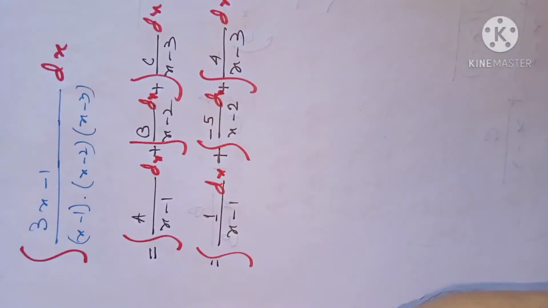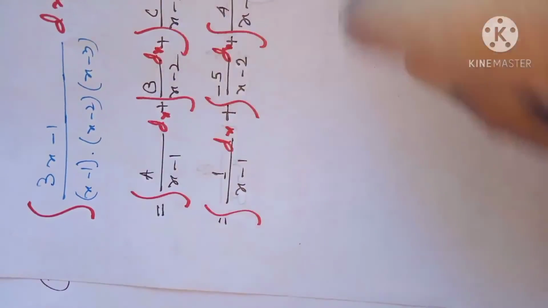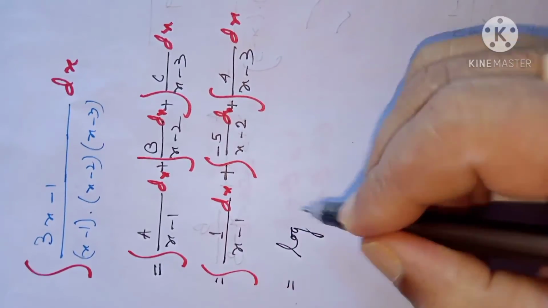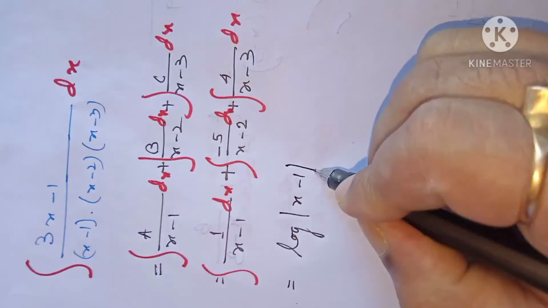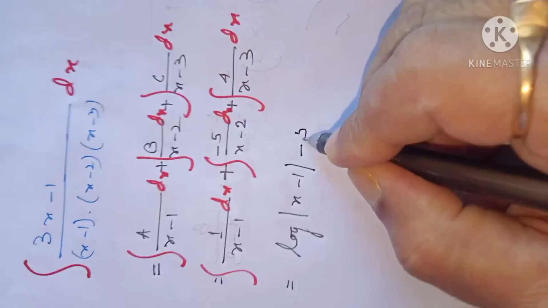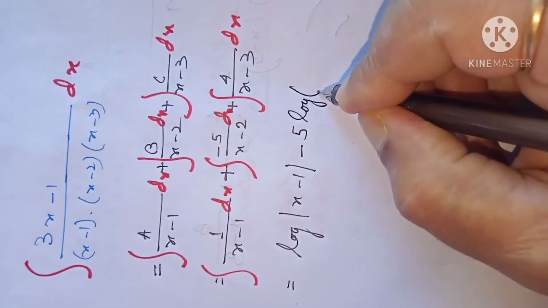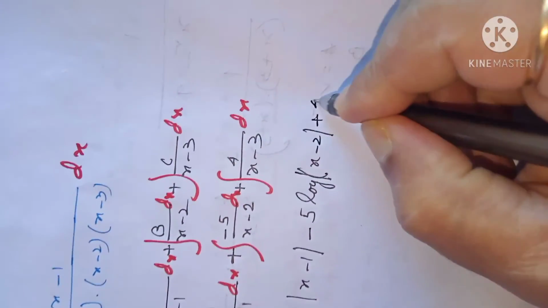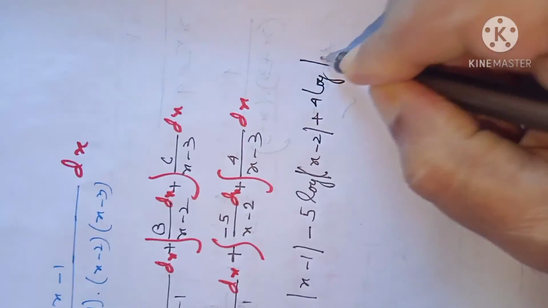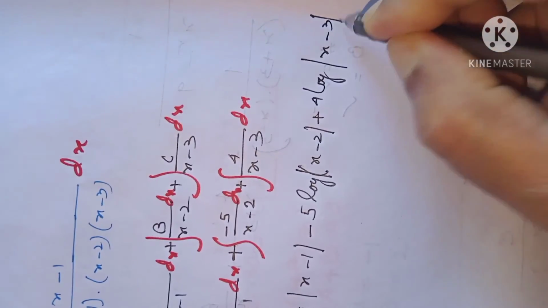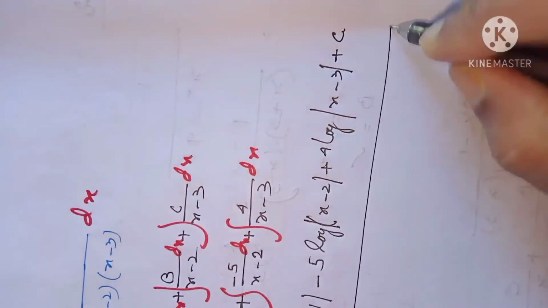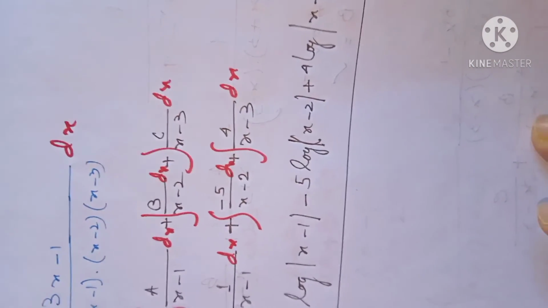So these integrations will give us log of x minus 1, because integration of this one is log of x minus 1, minus 5 times log of x minus 2, plus 4 times log of x minus 3, plus constant c. This is our expression. This is the answer. Okay, dear students, so this is the answer.